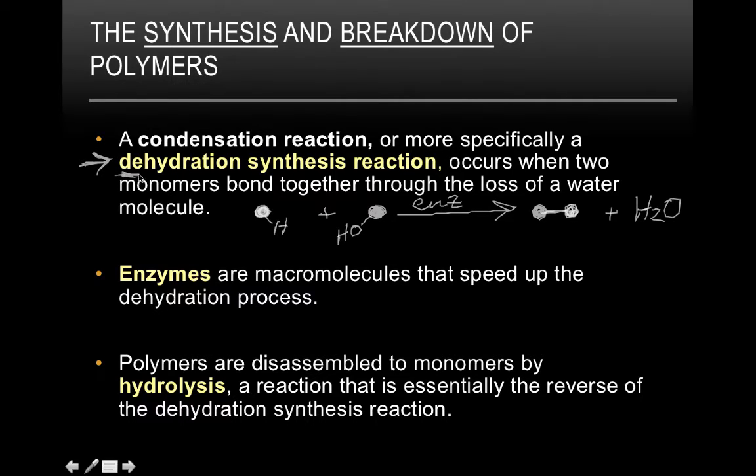D for removal, hydration for water, so removal of water, and synthesis is to build. So removal of water to synthesize or build a new bond. And we've taken two monomers and joined them into now a larger molecule that's called a dimer. It has two units stuck together.